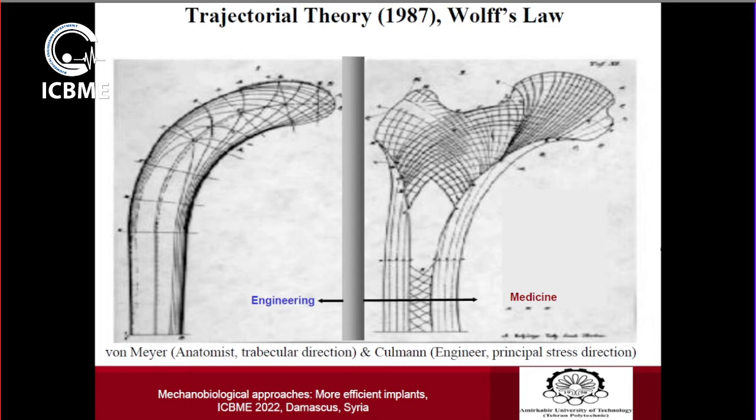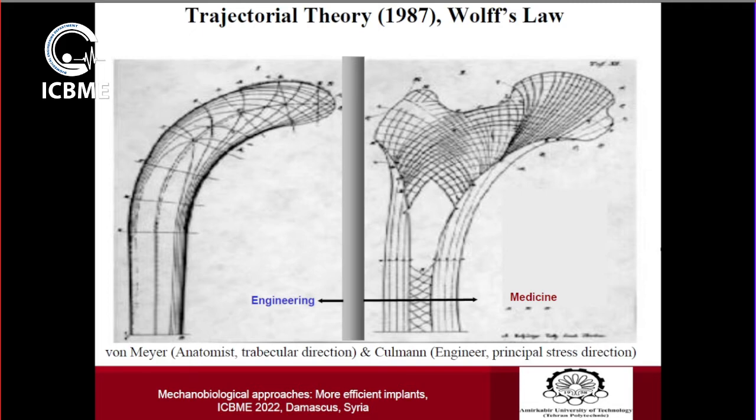a theory, so-called trajectorial theory, which states that a spongy bone or trabeculae are distributed aligned with the principal stress direction. They are not randomly distributed within the space.